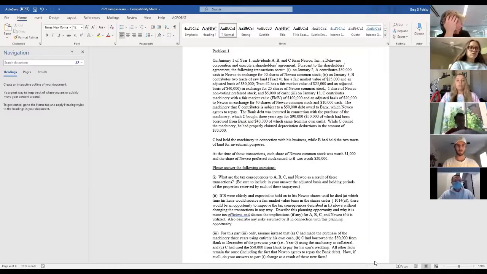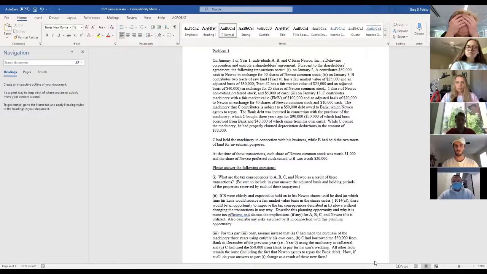It's just a pretty garden variety 351 problem. People contributing stuff into a new corporation. A, B, and C are the transferors, and they're receiving all of the outstanding stock of NewCo, which has common stock and non-voting preferred stock.